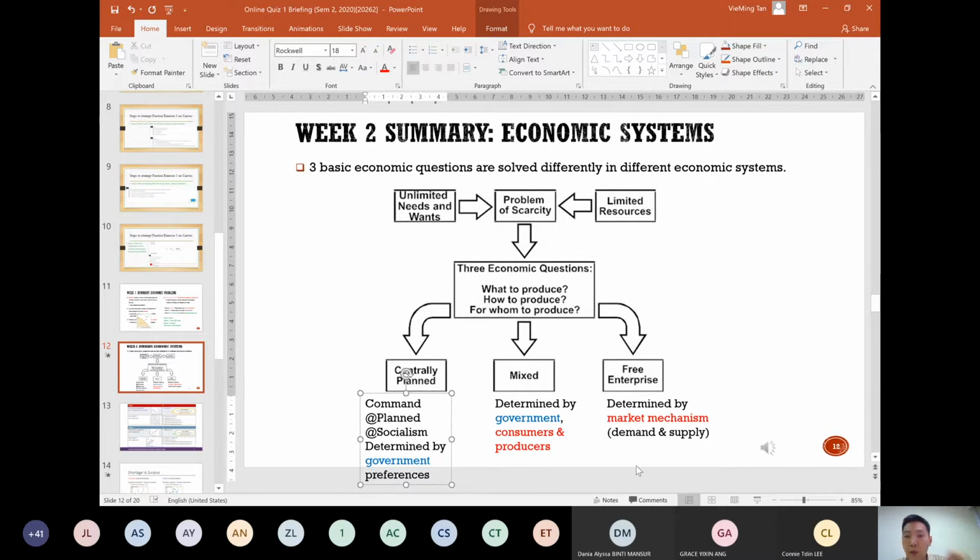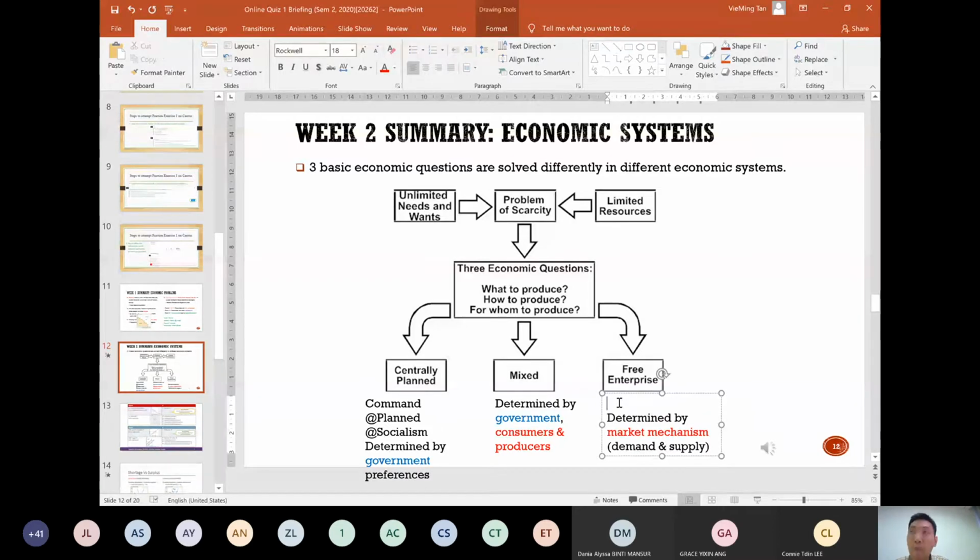Then on the other hand, the far end, just now we have mentioned the free market economy. Sometimes it's also called free economy, market economy, or free market economy.